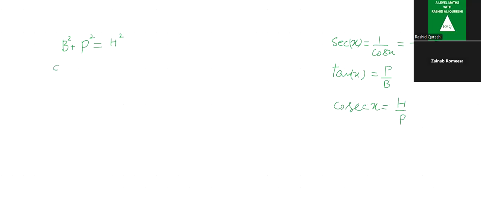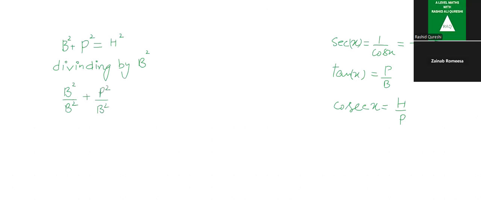Dividing by b square means you have to divide each and every term of this equation by b square: b square over b square, p square over b square, and the last one is h square over b square.